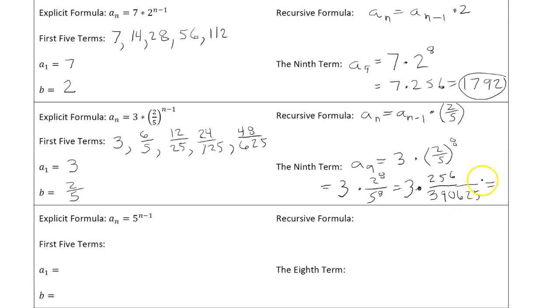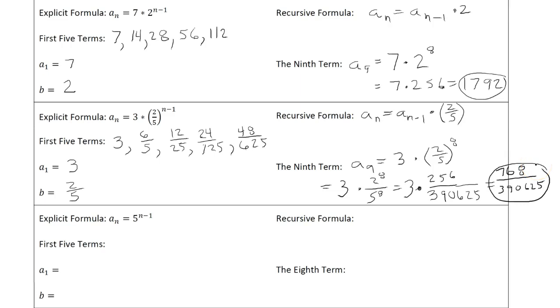Now we multiply the numerator by 3 for 768 over 390,625. This would have been very difficult to get by using the recursive formula. This is why we prefer the explicit formula.